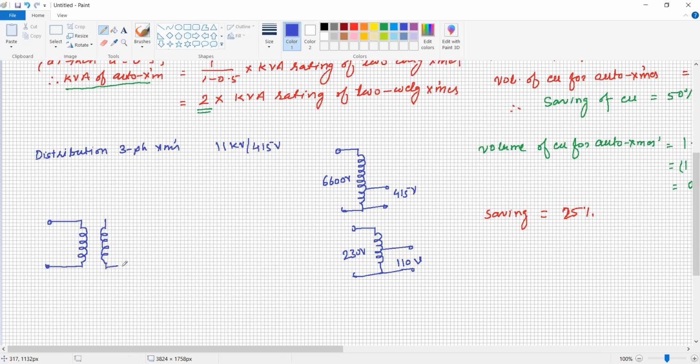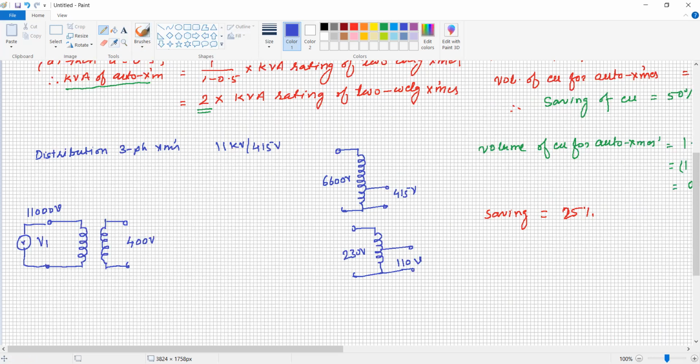Say this is a two winding transformer, and the source V1 is connected here at a higher voltage, say 11,000 volt, and the secondary voltage is 400 volt, or 450 volt.